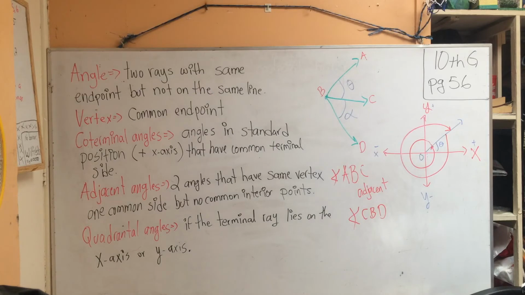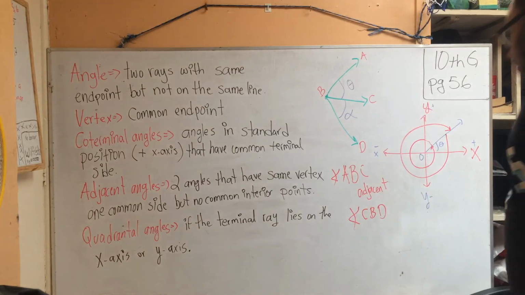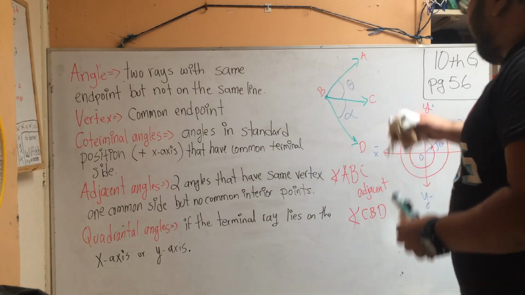Then, quadrantal angles. When we're talking about the quadrantal angles, we're talking about if the terminal ray lies on the x or y axis, and it could be the positive y-axis or negative y-axis. Same thing with the x-axis, positive x-axis and negative x-axis. So the quadrantal angles actually have already a measurement.